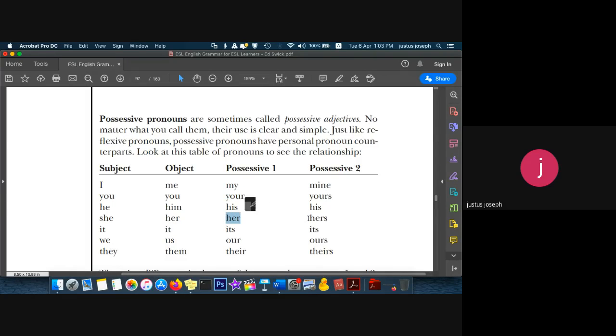Her will become hers. Its will remain like that. Our will become ours. Their will become theirs. Both these are possessive pronouns. They are showing possession to what? I, you, he, she, it, we, they. The three forms.